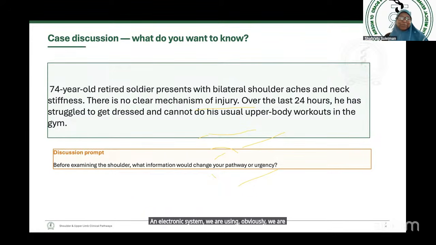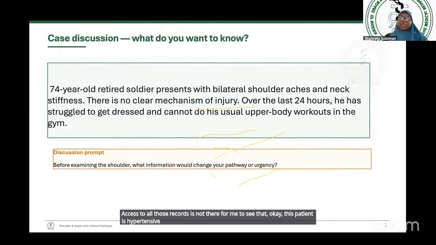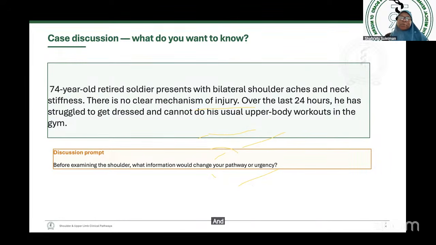Obviously, we are just starting to use the electronic system. So access to all those records is not there for me to see that, okay, this patient is hypertensive, he's diabetic, and he's on some medication. Is he on statins? That's something I will also want to know. That's another thing I will ask maybe.